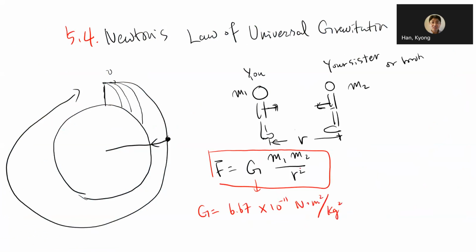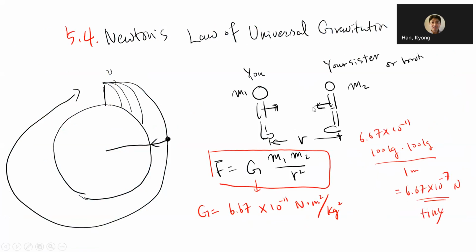Your mass is maybe 30 kilograms, maybe 100 kilograms, and the denominator is maybe 1 meter squared, so it would be about 6.6 times 10 to the minus 7 newton. It's very tiny. You cannot feel this force between you and your sister.